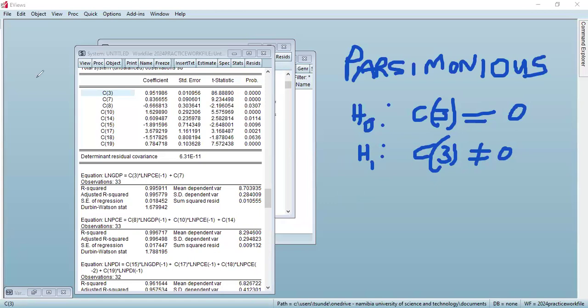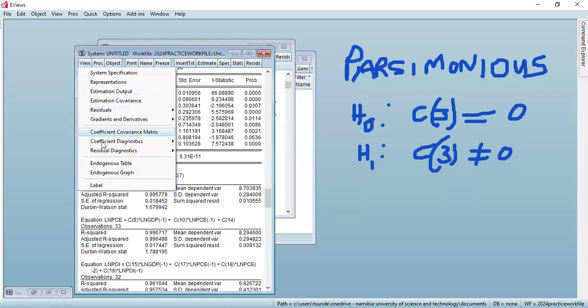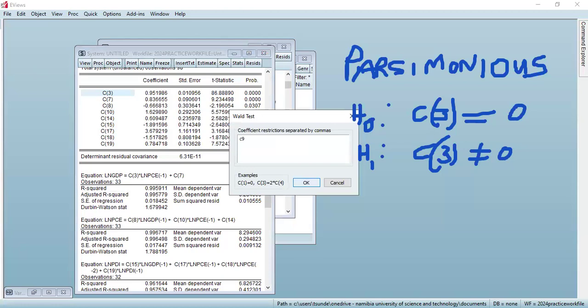So how do we do the Granger causality test? You go to View, then Coefficient Diagnostics, then Wald Coefficient Test. Then you just type in the null hypothesis, C3 is equal to 0.